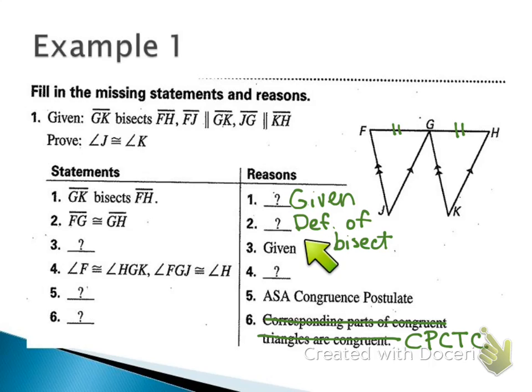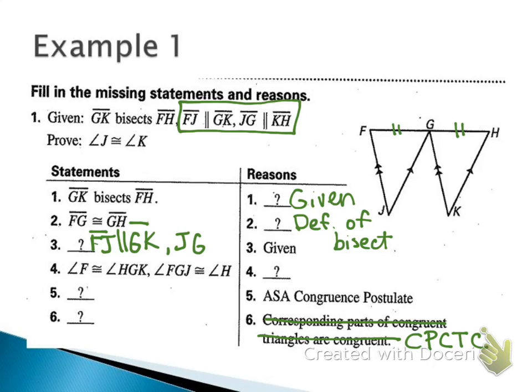Okay, after that it looks like we're going to the rest of the given information. So I'm just going to copy this stuff down, the stuff about the parallel lines. That's what I know for step 3. Alright, that was given. Now, parallel lines usually give us some information about some angles.